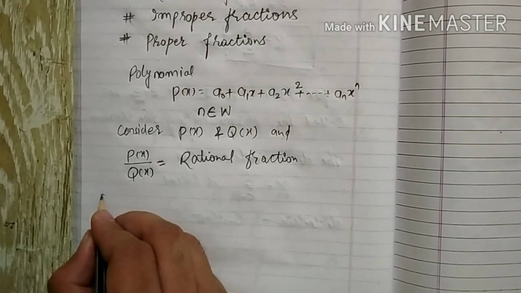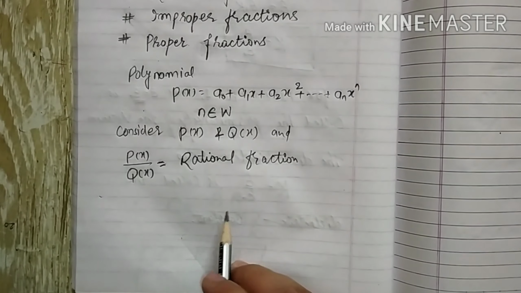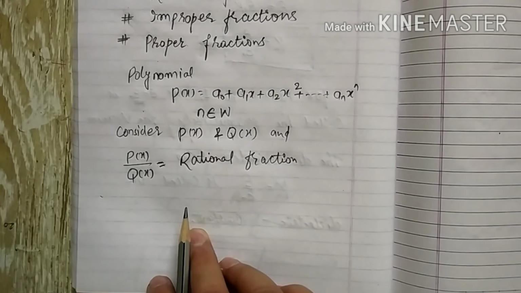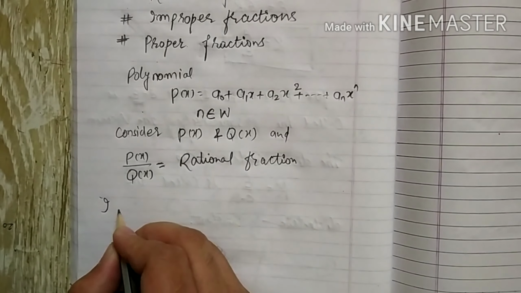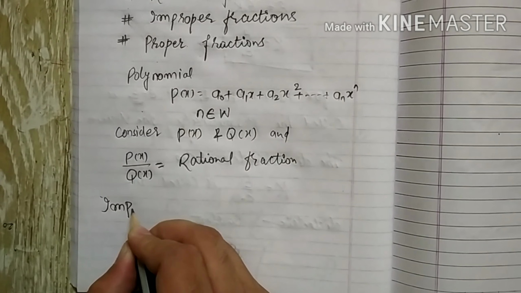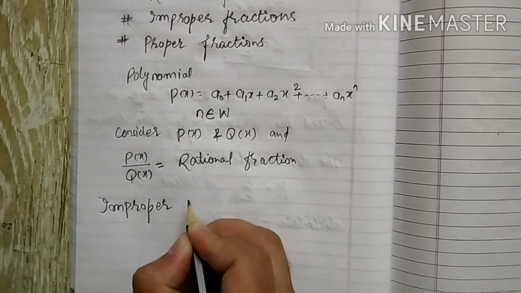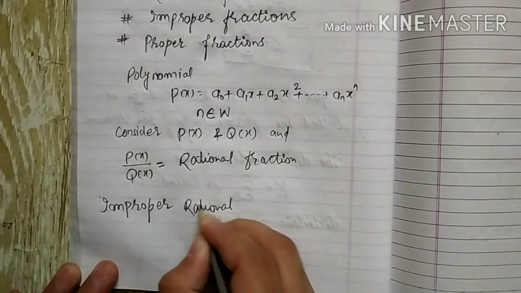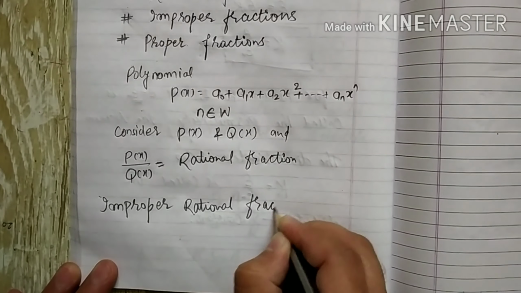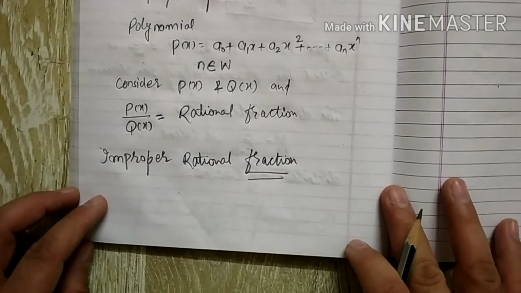Rational fractions are categorized in two ways: improper fractions and proper fractions. First, the improper rational fraction.